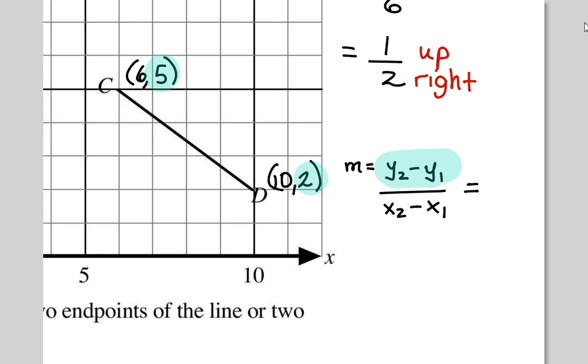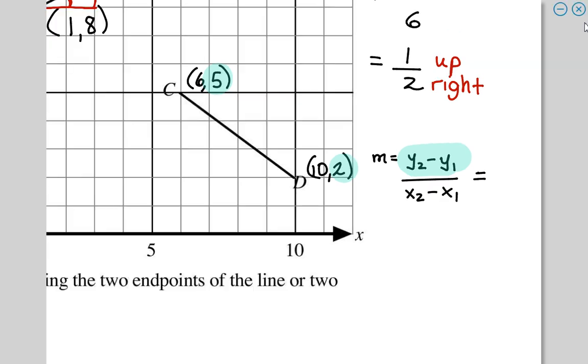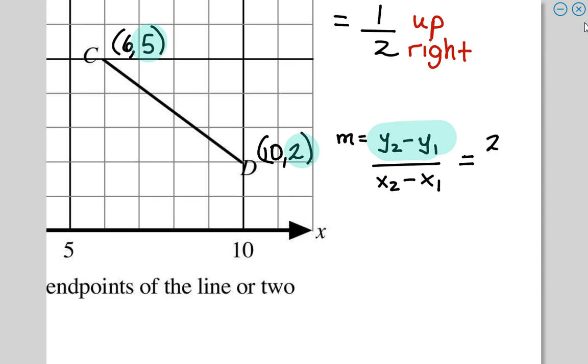It dropped by, careful, it dropped by 3, so the change in y would be -3. Okay, so that's why here you go 2 minus 5.